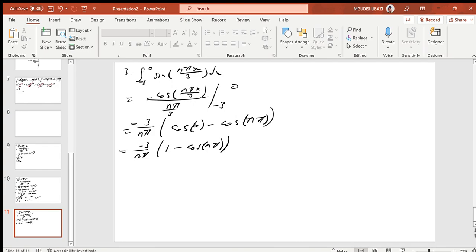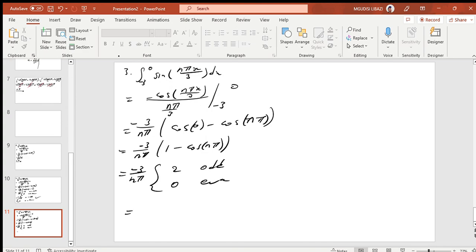After that, we have negative 3 over n pi, and then we have 2 when we substitute odd numbers, we have 0 when we substitute even numbers. So that is our solution.